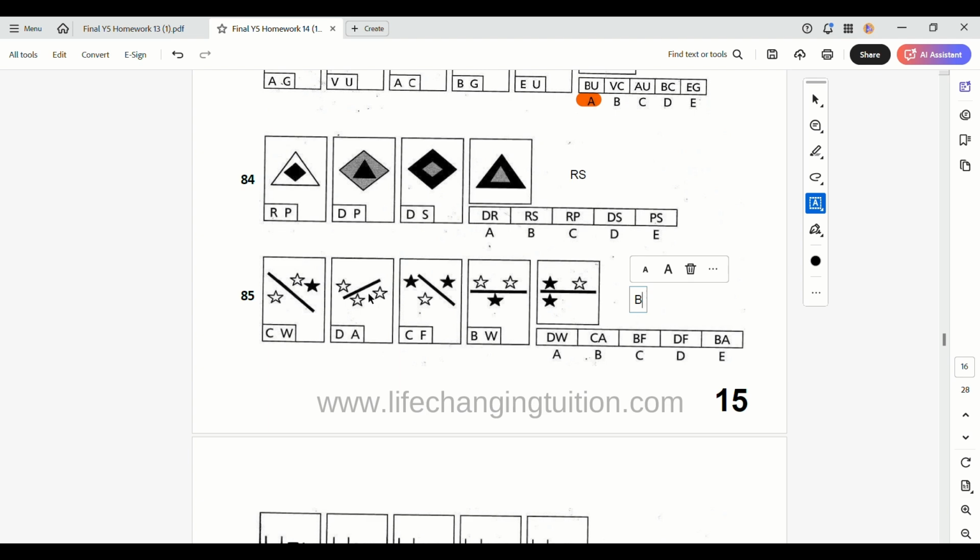Actually, yeah, so I think, oh, W and W, there we go. Sorry, I missed that. W means 1 black star, F means 2 black stars, so this is going to end in F. So BF is option C.